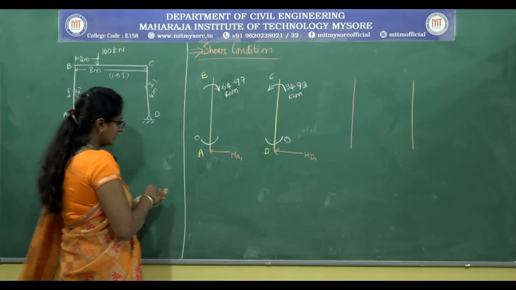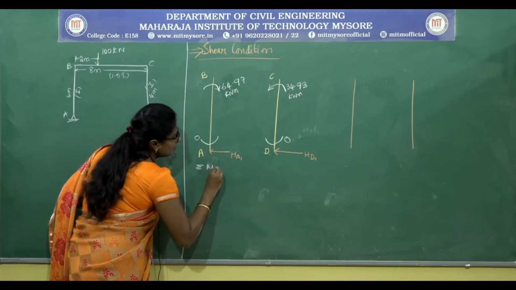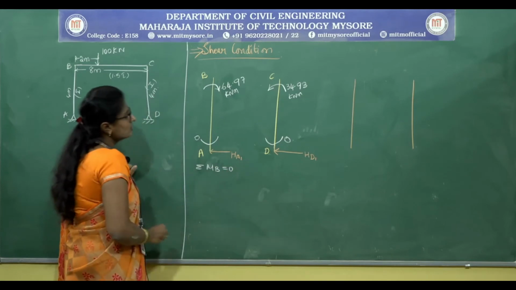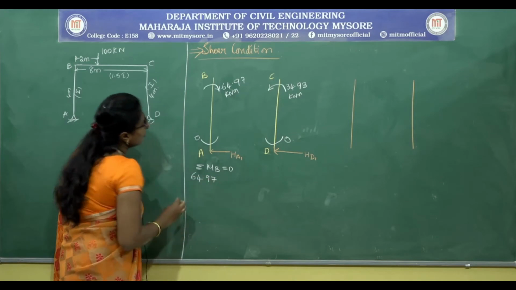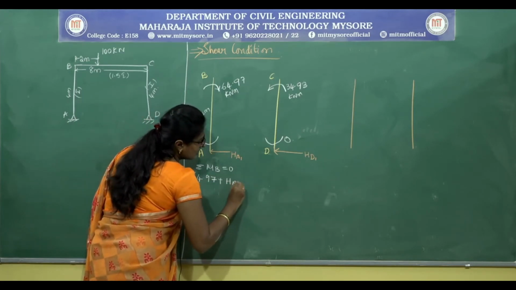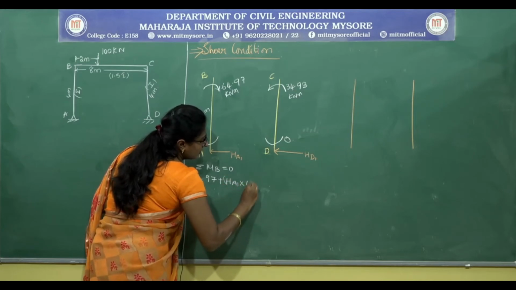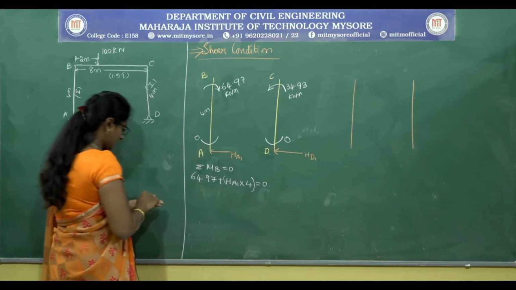Okay. Let us consider the condition, sum of all the moments at B equal to 0. So, 64.97 is acting in the clockwise direction, plus this is acting in the clockwise direction again, multiplied by the distance 4 meter is equal to 0.